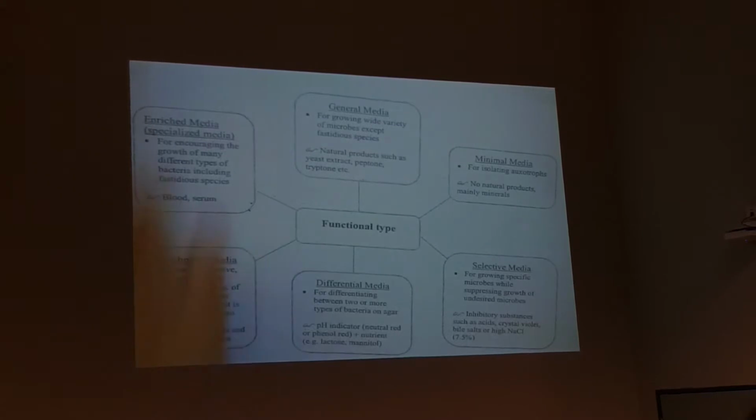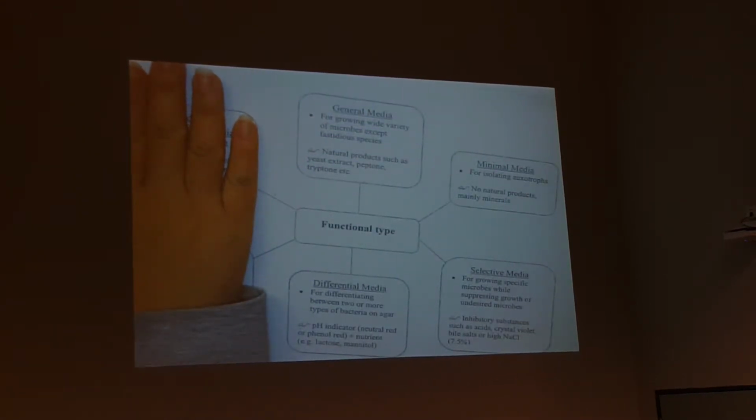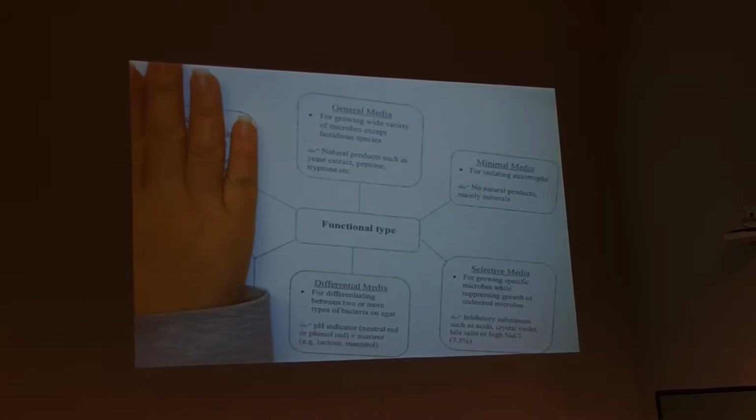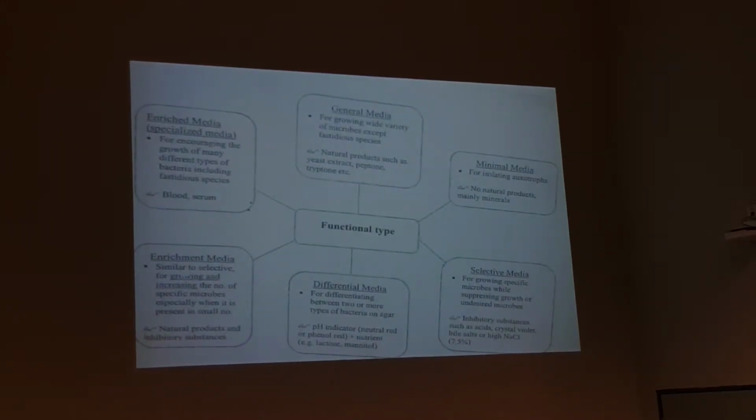So the most important functions are these four: general, minimal, selective, and differential. If you see a certain component inside, you will know that the medium has a certain function. So I will summarize.